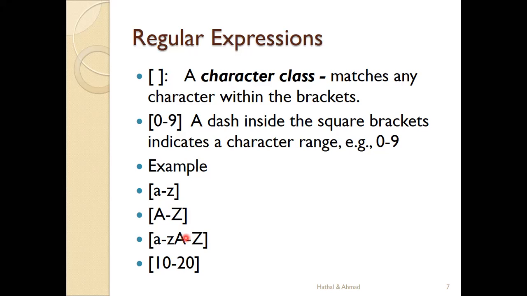In a similar way, we can use another form where you want to represent a character class that may be small letters or capital letters. In that case, we can specify small a-z and capital A-Z. That means here the character we can select is either from the range small a to z, or from the set capital A to Z. Similarly, here is another example, 10 to 20.